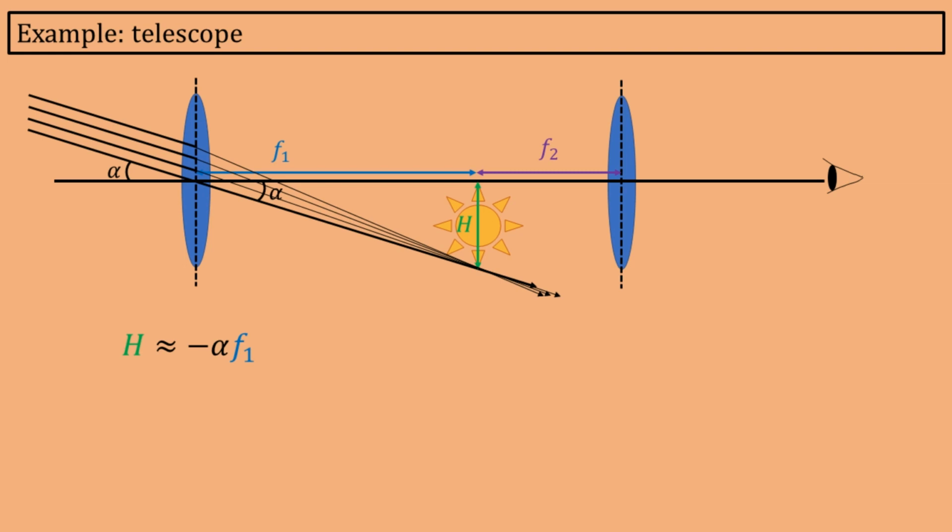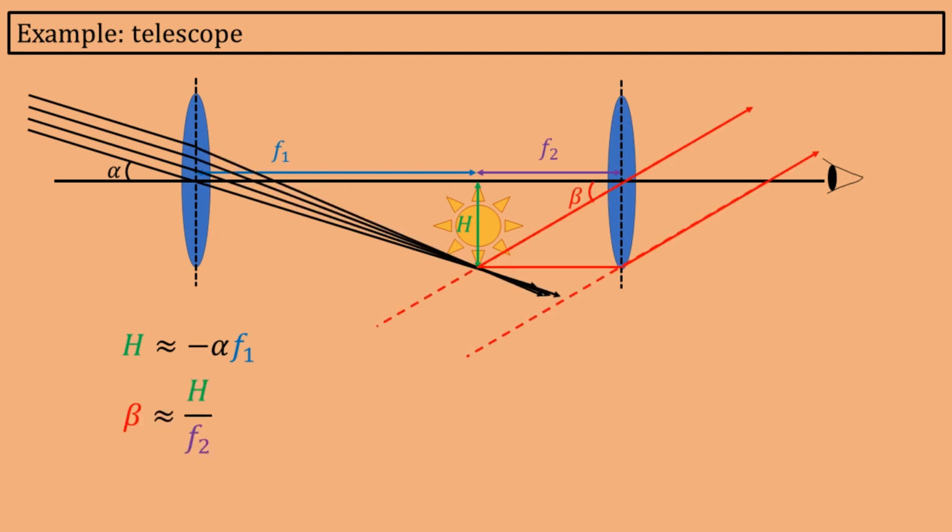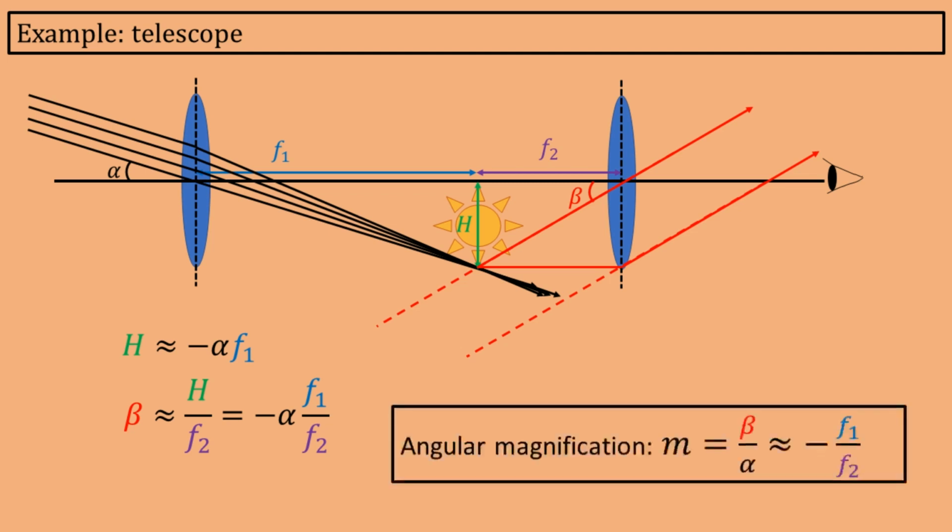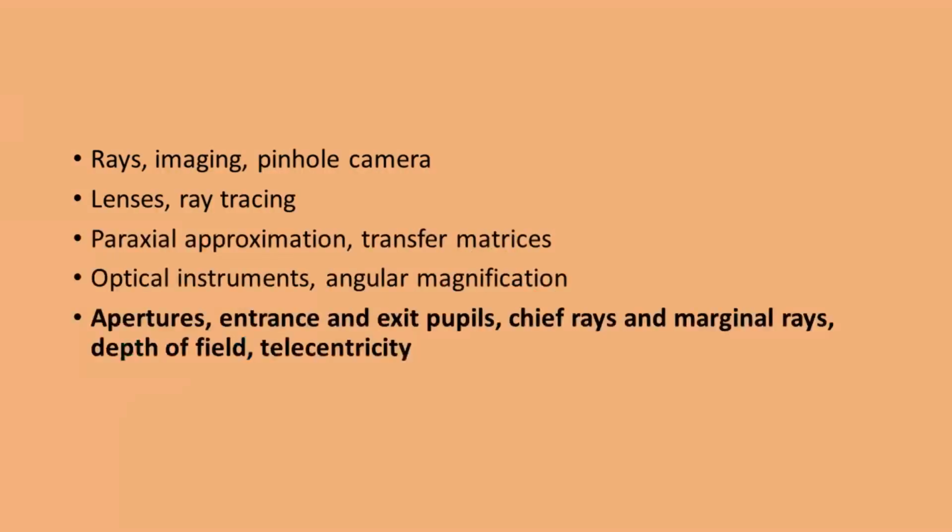Therefore, we know that the angular size of the object as seen through the telescope is beta equal to H over f2. With these two results, we find that the angular magnification of a simple two-lens telescope is given by minus f1 over f2.